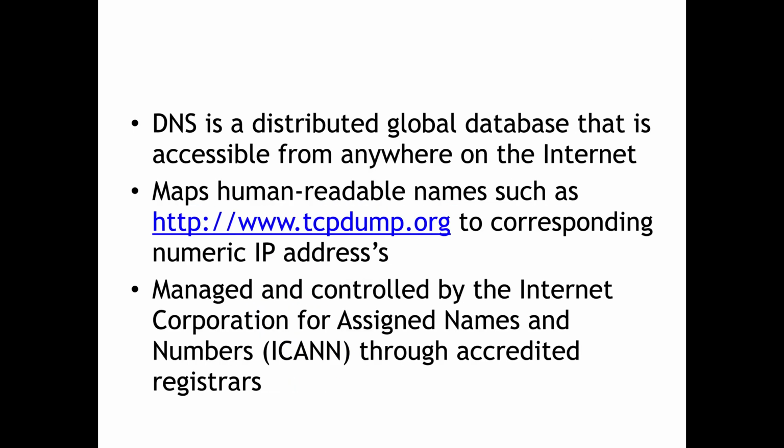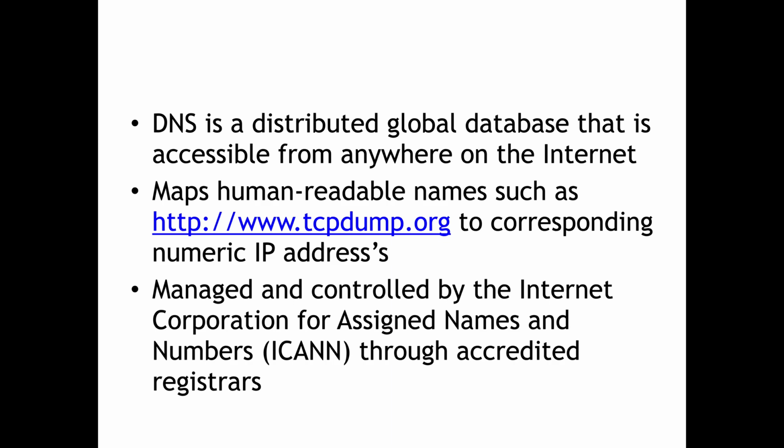Okay, so you can think about DNS as being a global database that maps domain names to IPs. So an example, tcpdump.org will have an IP address that's associated with it.